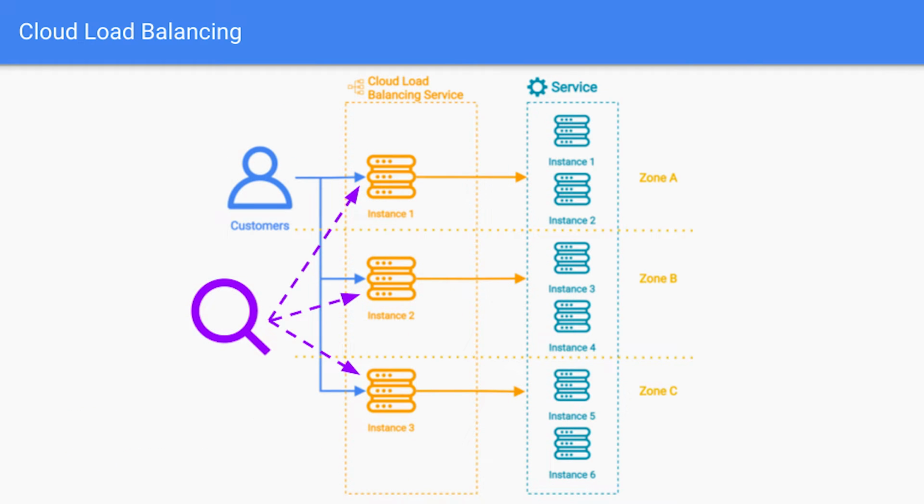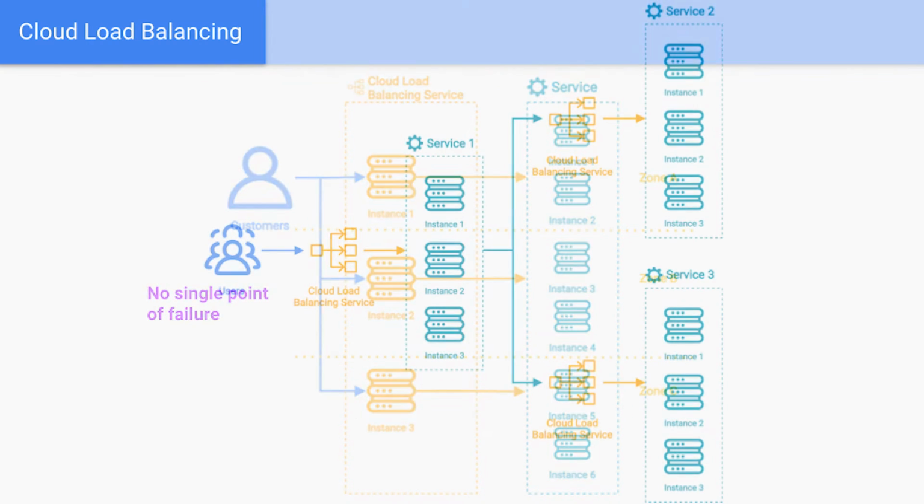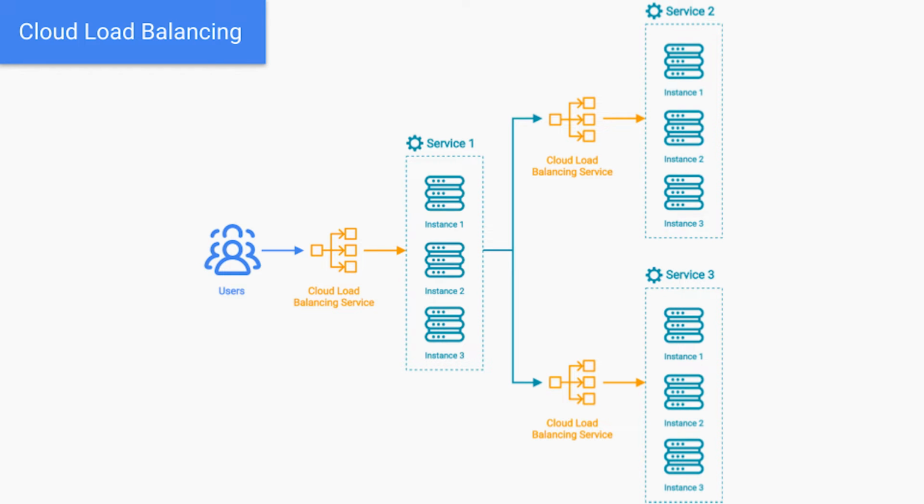Additionally, each load balancer instance is monitored and is automatically restarted if something happens to it. This way, we don't end up in a situation where the load balancer itself becomes a single point of failure or performance bottleneck. Now, we can use the cloud load balancing service to route requests from external clients to our backend servers, but we can also use it between different services internally, just like we saw before.